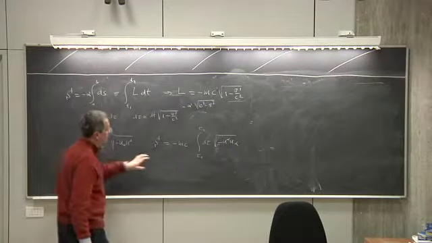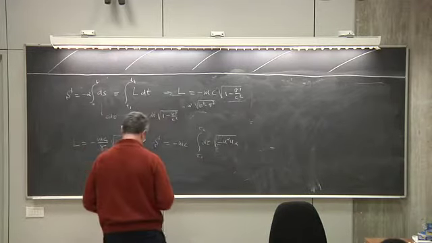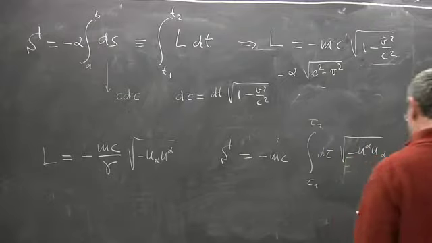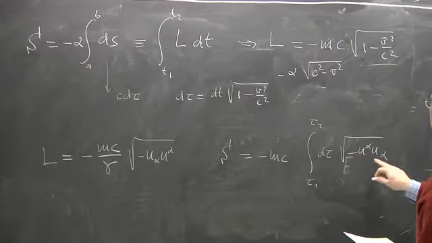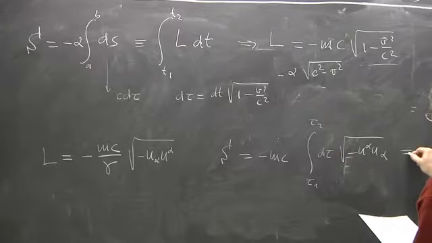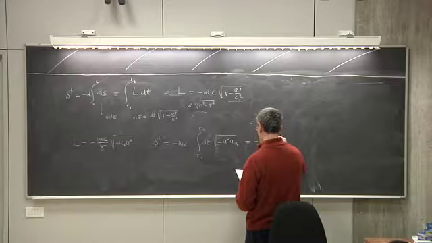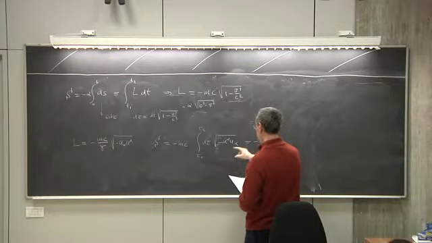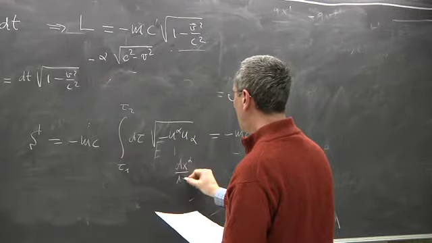So this is the Lagrangian written in this form, right? And the nice thing about this is that I can write this factor here as minus mc using the coordinates, because this is dx alpha d tau.